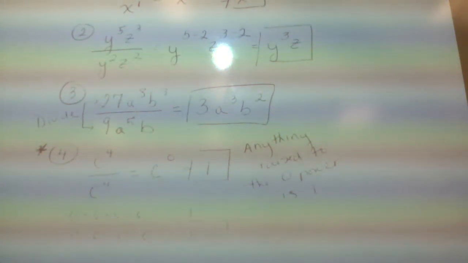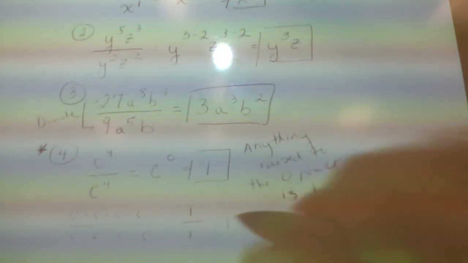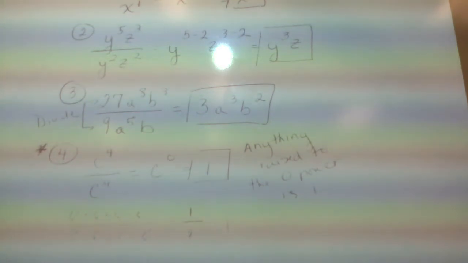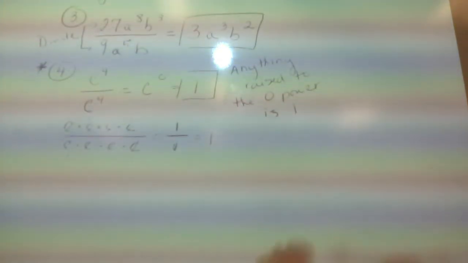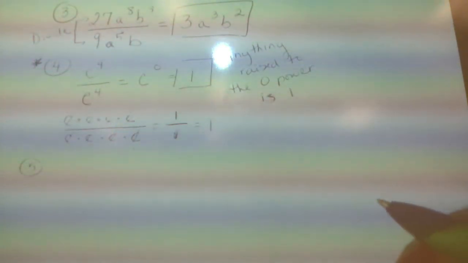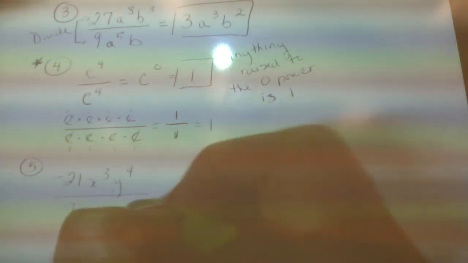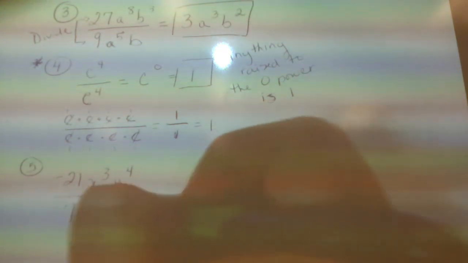Knowing that, the remaining problems that we're going to be doing will probably have that in them. So let's take a look at number 5. We have negative 21 x cubed y to the fourth divided by 7x y to the fourth z.